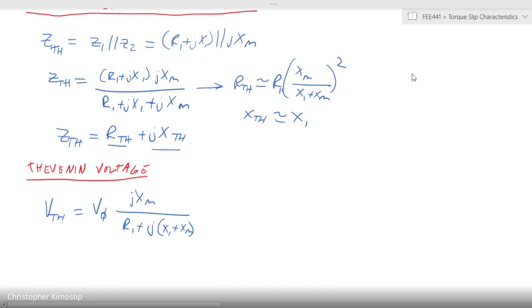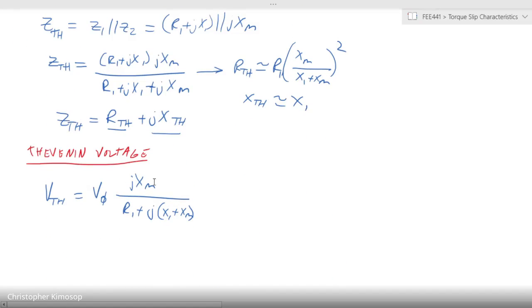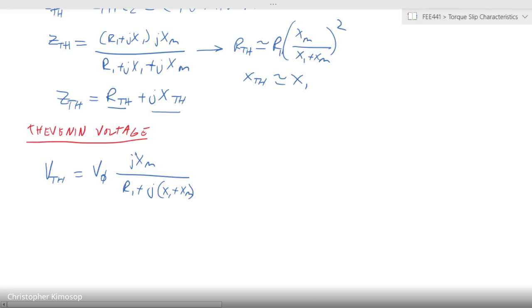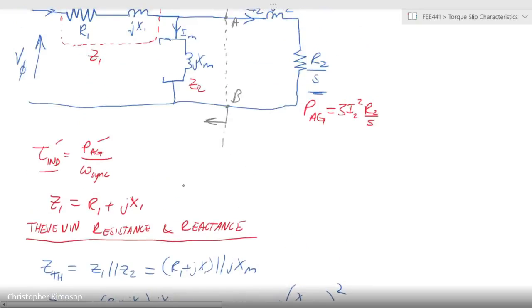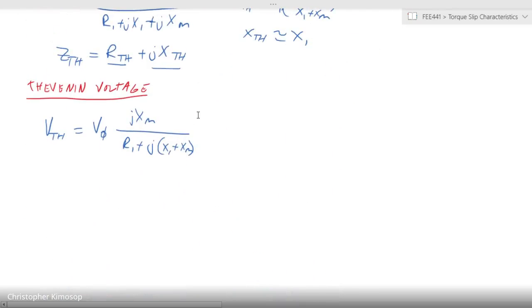This is a voltage divider, which is the voltage itself times the ratio of that arm over the sum of the arms. I may have skipped a step: I've just combined the imaginary, reactive elements together, which are these two. So it is this plus this plus this, and we are looking at the ratio of that.